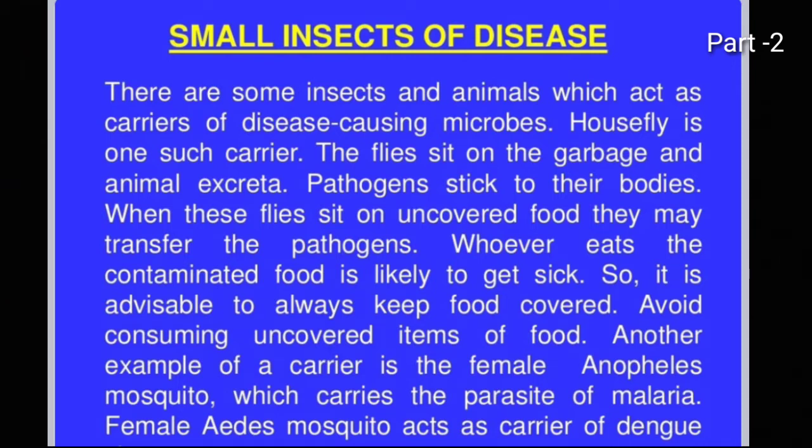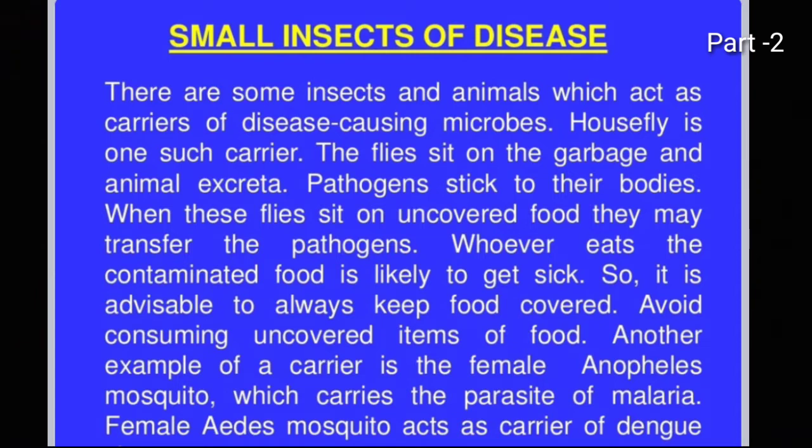Flies sit on garbage and animal excreta. Pathogens stick to their bodies, and when these flies sit on uncovered food, they might transfer the pathogens to the food on which they are sitting. So whoever eats the contaminated food is likely to get sick.